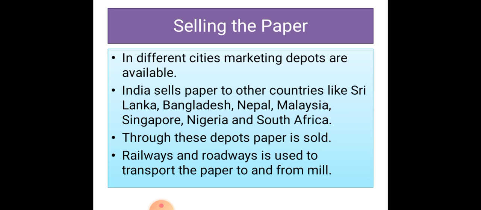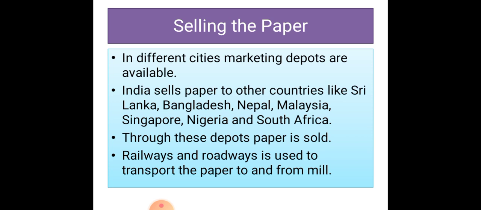Now, how does the selling work here? Selling of paper. How do they do it? Ideally, directly from factories, it cannot go to shops, right? A farmer as well doesn't sell directly. It goes through a third party. So in different cities, market depots are available.